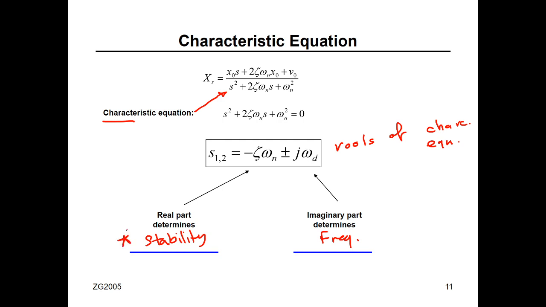Stability is a very important concept in dynamic systems, in control, in vibration, in all engineering. In real life, we always design our systems for stability. We want a stable system. So the real part must always be negative for stable. Negative means stable. Positive means unstable system.